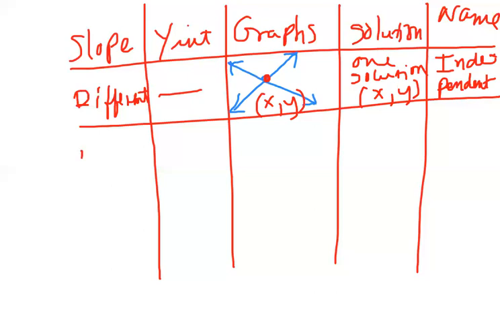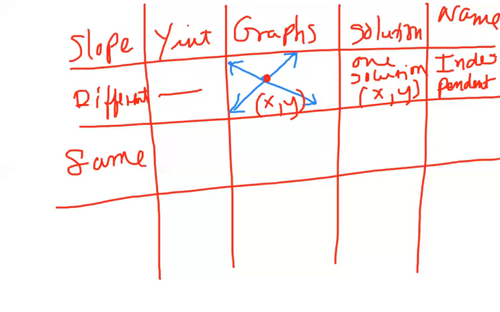Next, if the slopes are the same, then you need to look at the y-intercept to see what's going on. If the slopes are the same but the y-intercepts are different, then you're going to end up with two parallel lines. Remember, parallel lines will never intersect, as in they have no points in common.